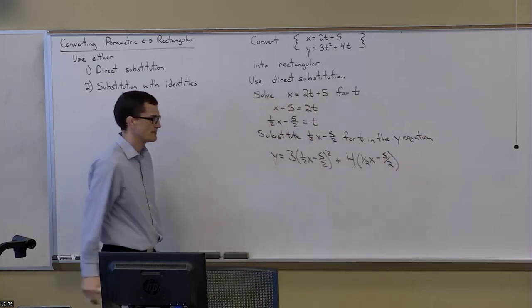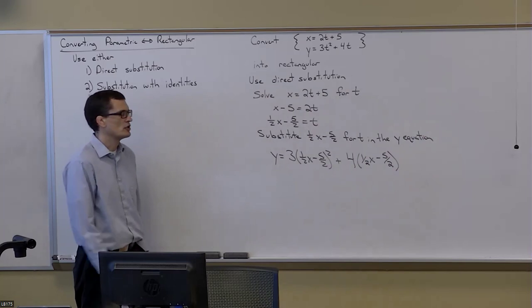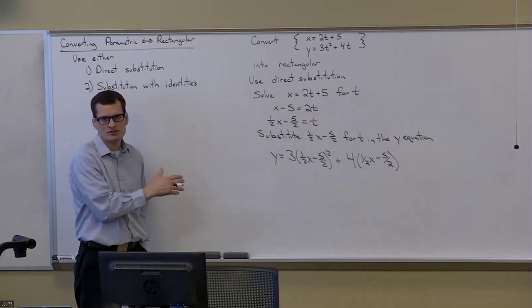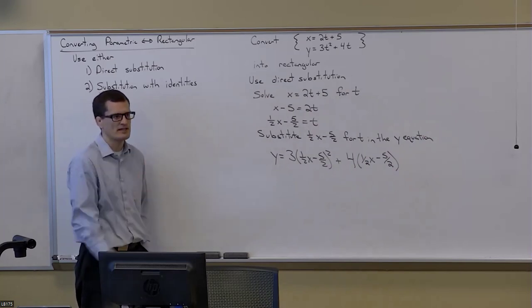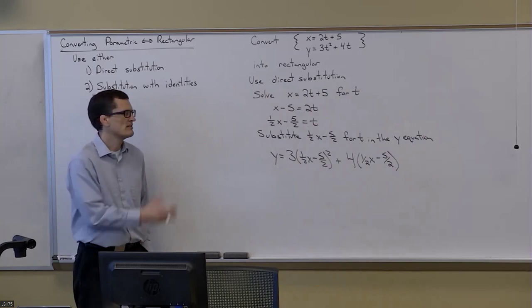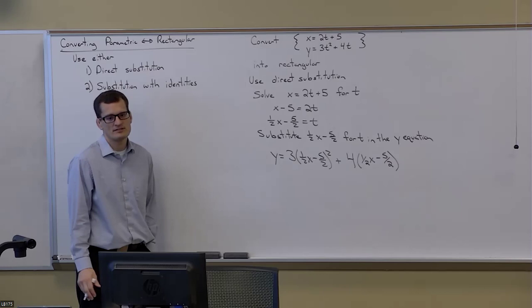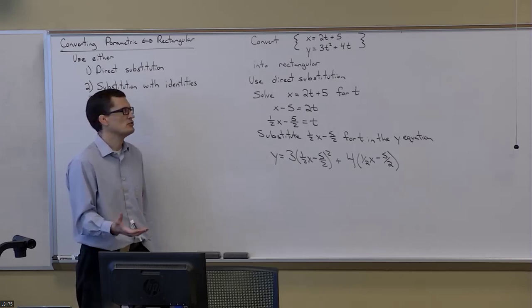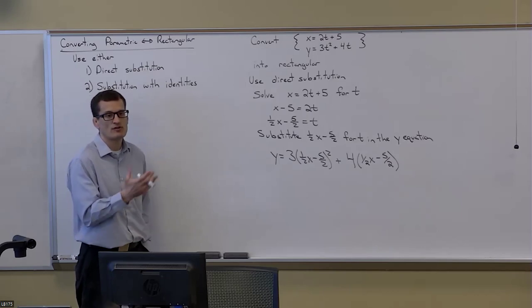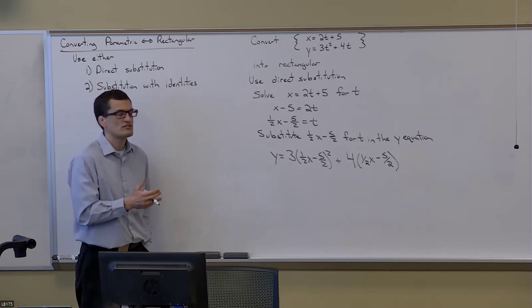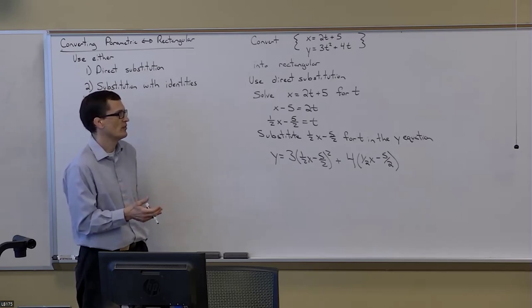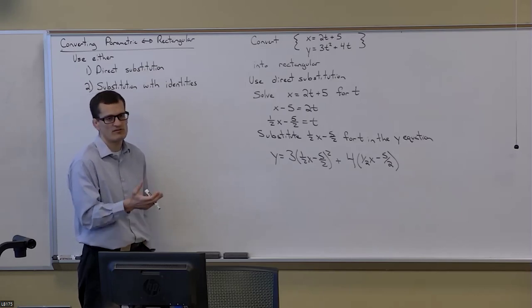And that's it. Now you could simplify that. You could do the algebra and combine like terms, and I'm just going to leave it like that for now. I think you guys get the point, hopefully. So direct substitution is just that. I solve for t, or if only things use t squared, I could solve for t squared.